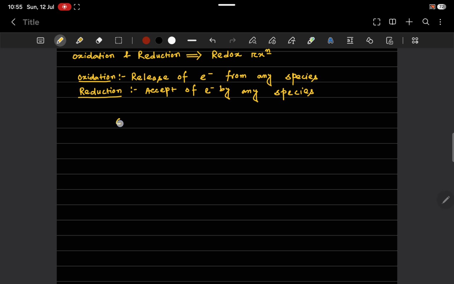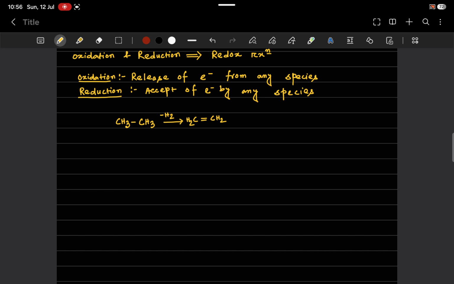Let's say we take CH3CH3, and if we perform the dehydrogenation process, that means we take out two hydrogens from this molecule, it will form CH2=CH2. So superficially, if I ask you whether any electron transfer process is happening, you will say no, because only dehydrogenation is happening.